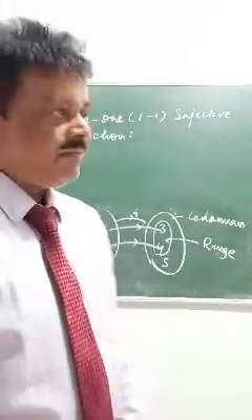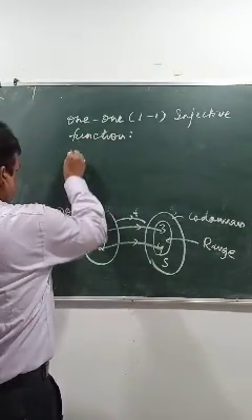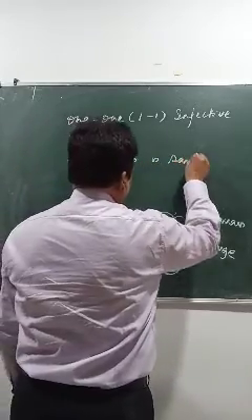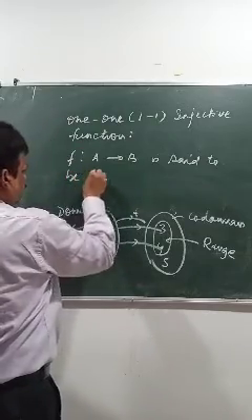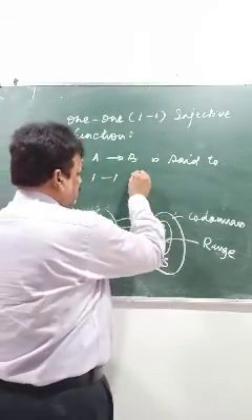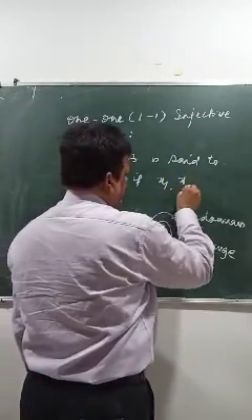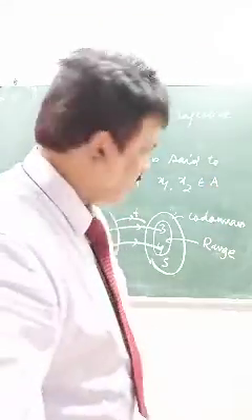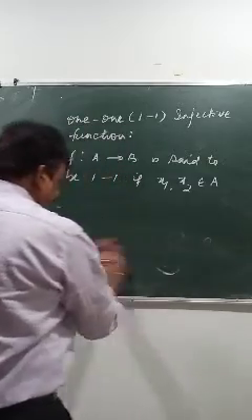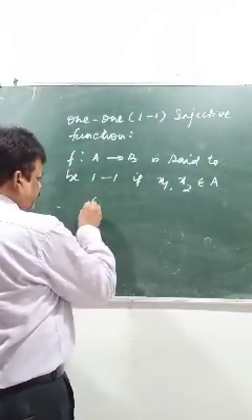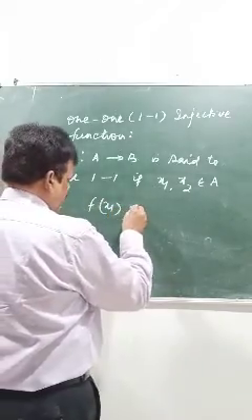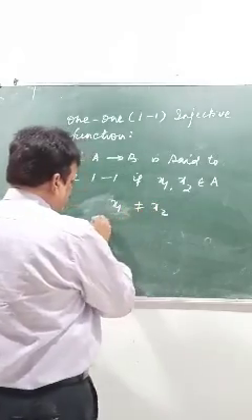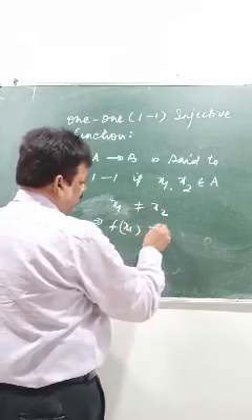Injective is what? f is a function from A to B is said to be one-one if x1, x2 belongs to A, x1 not equal to x2 implies f(x1) is not equal to f(x2).